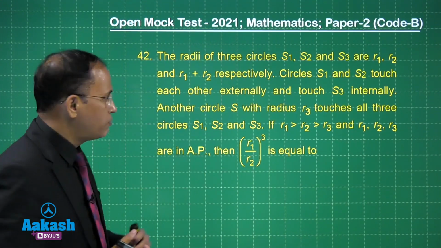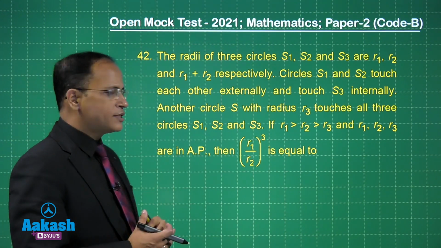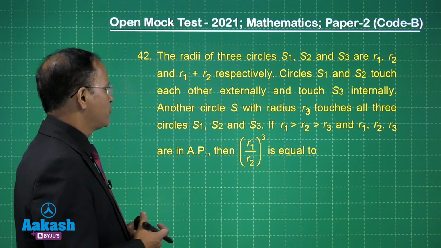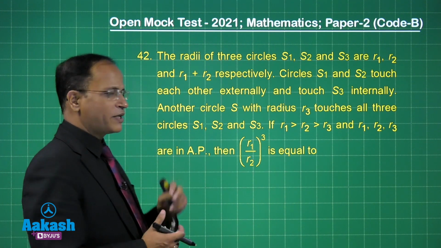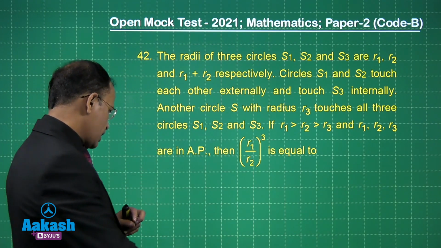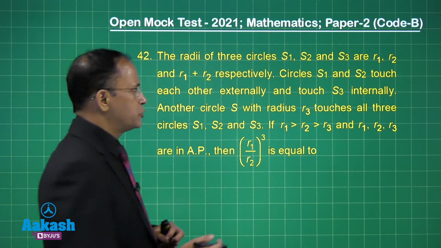Now, students, let us talk about question number 42. The radii of 3 circles S1, S2, S3 are R1, R2 and R1 plus R2 respectively. So, you can see here there are 3 circles which are involved here, and we have circles S1 and S2.